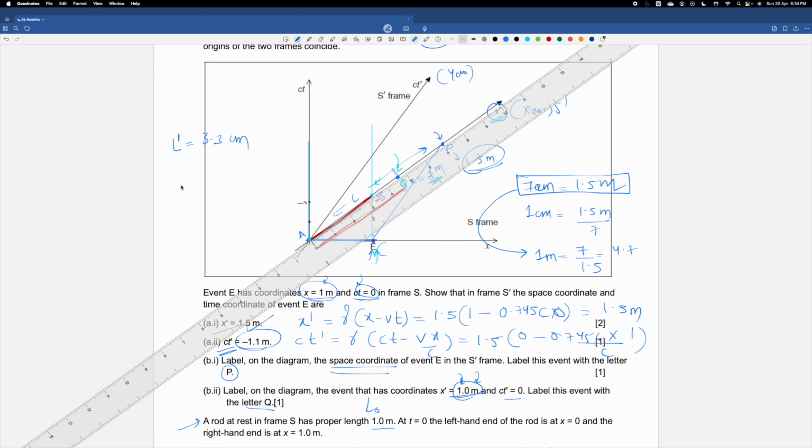But since we know that 1 centimeter is equal to 1.5 meter divided by 7, then 3.3 centimeter will be 1.5 meter divided by 7 times 3.3. If you solve this, you're going to get about 0.76 meter as the length of that rod.